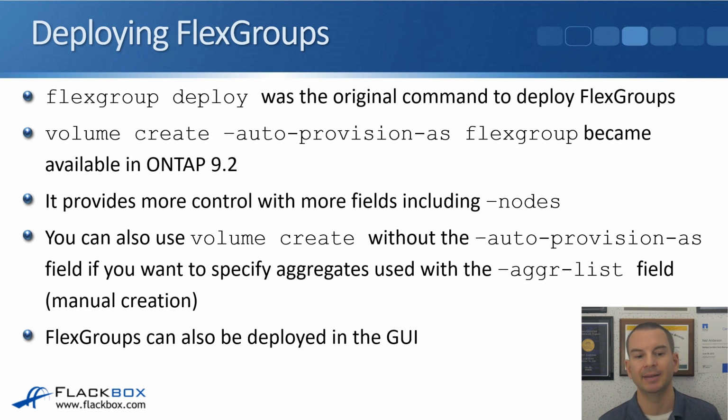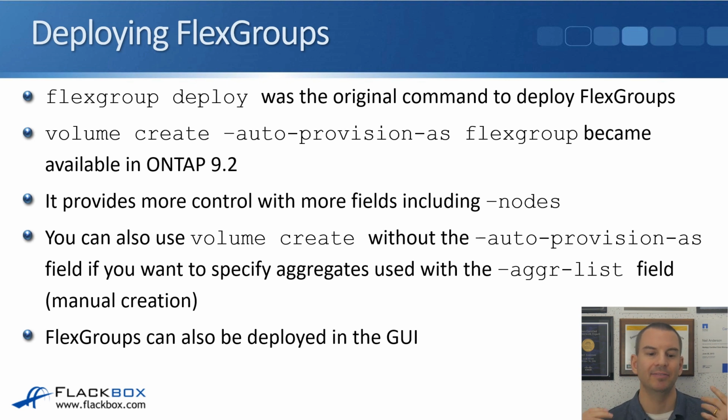That new command has got more control when you run it because it's got more fields available that you can configure, including nodes. So you can specify the nodes that you want to be included for this FlexGroup. The last way you can do it is with the volume create command, but without using the auto-provision-as flexgroup field.